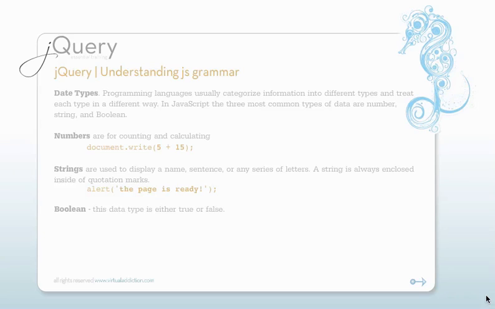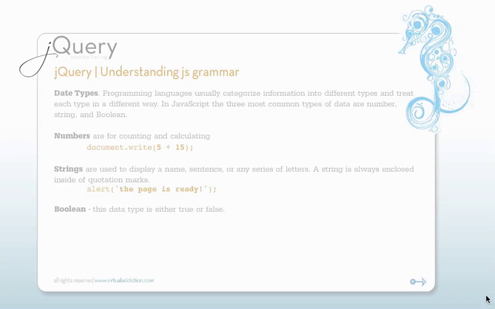They rely on bits of information to complete tasks. If you were going to calculate the total in a shopping cart, you would need to know the price, the quantity, and then you could create a total from that. Programming languages usually categorize information into different types, and they treat different types differently. So in JavaScript, the three most common types of data are going to be numbers, strings, and Boolean.